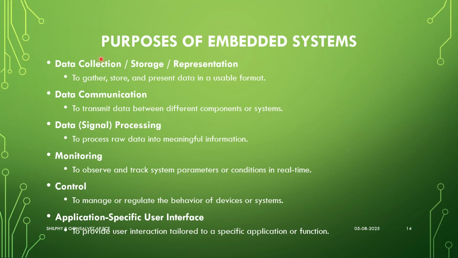Then observing the data, that is monitoring and tracking these parameters in real time. Then if there are any behavioral changes in this data, we need to control them. So there comes control, and if it is okay, we deploy it into an application specific user interface. So these are the purposes of using embedded systems.